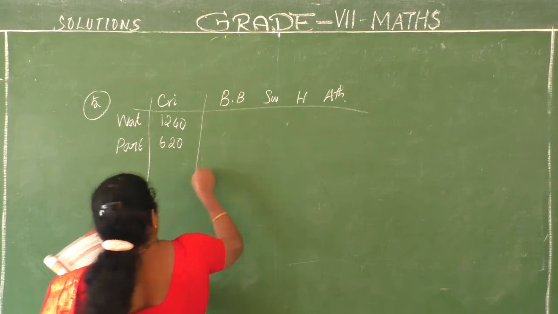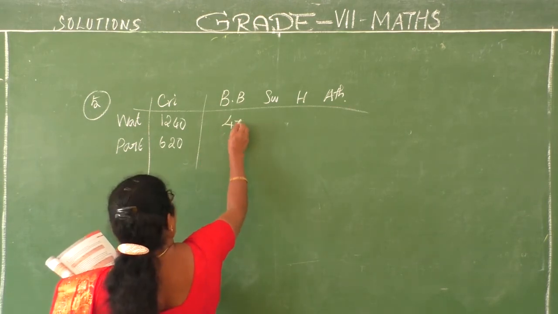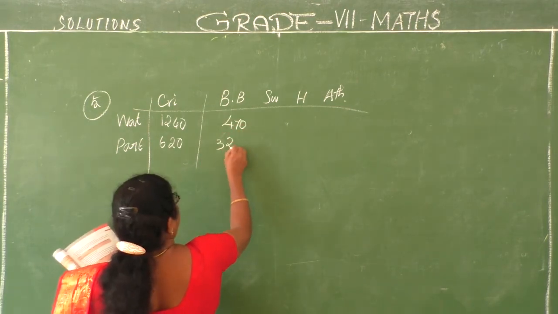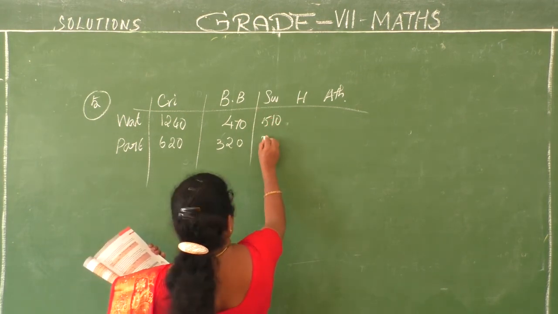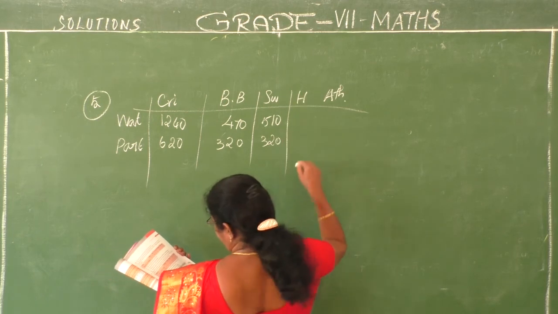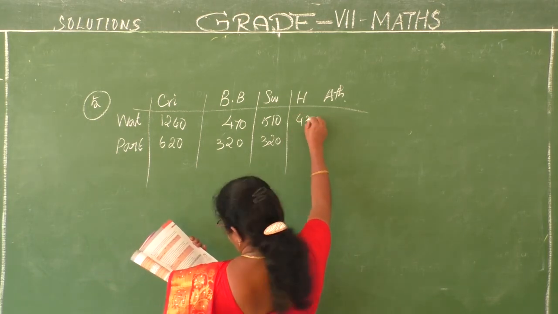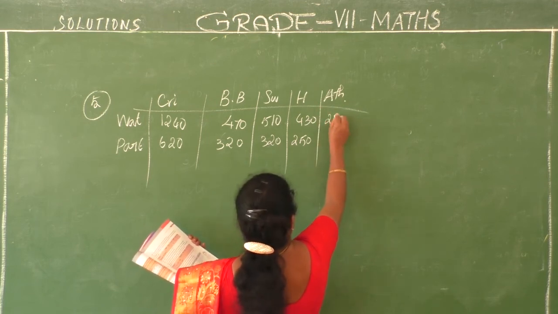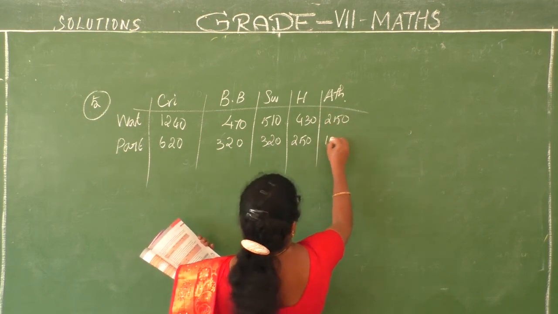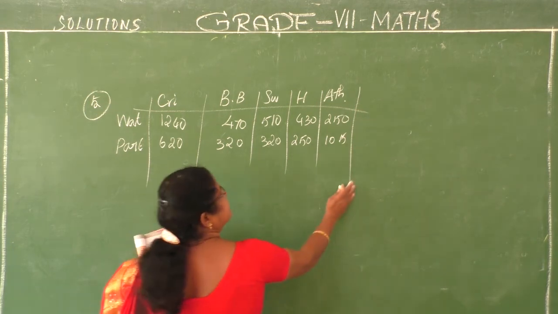Basketball: 470, 320. Swimming: 510, 320. Hockey: 430, 250. Athlete: 250, 105. Okay, this is the tabular column.